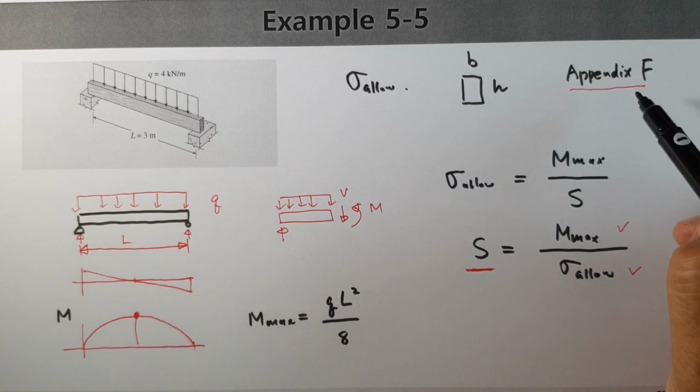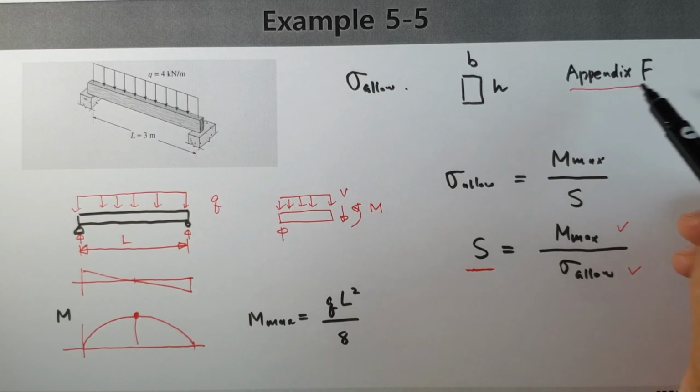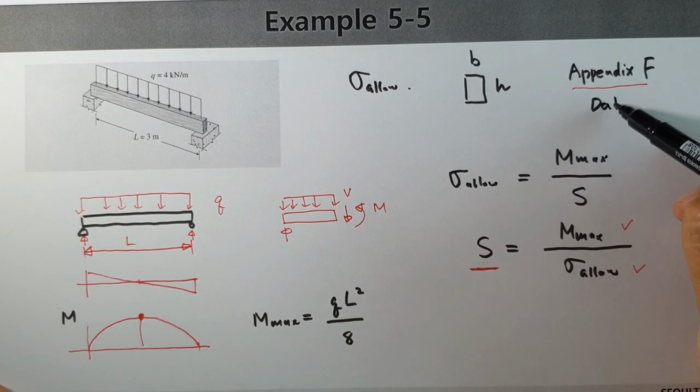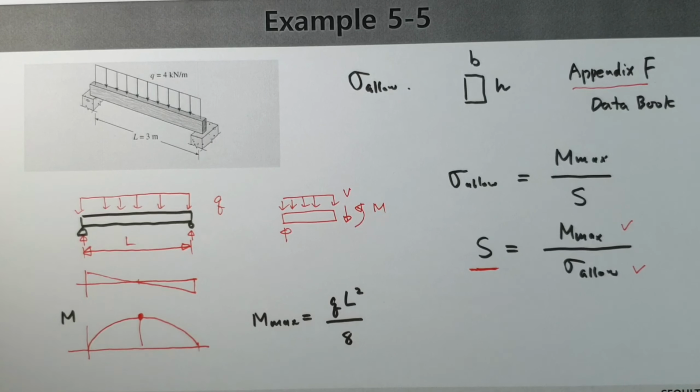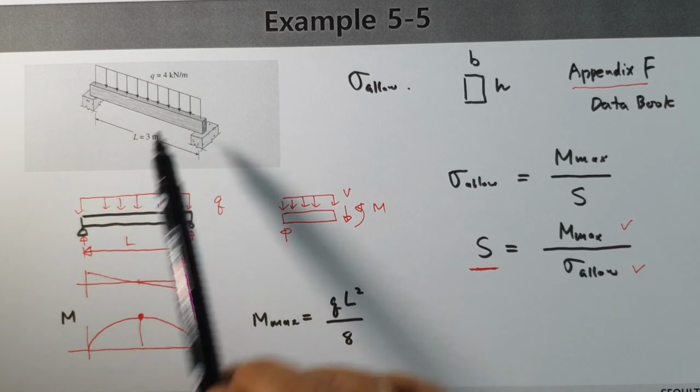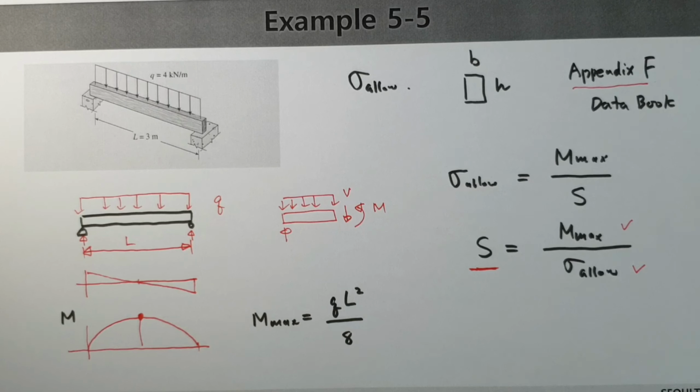Or if we don't have any appendix, then maybe in a data book, we can select the combination of B and H for the material itself. Okay, that's it for this example.